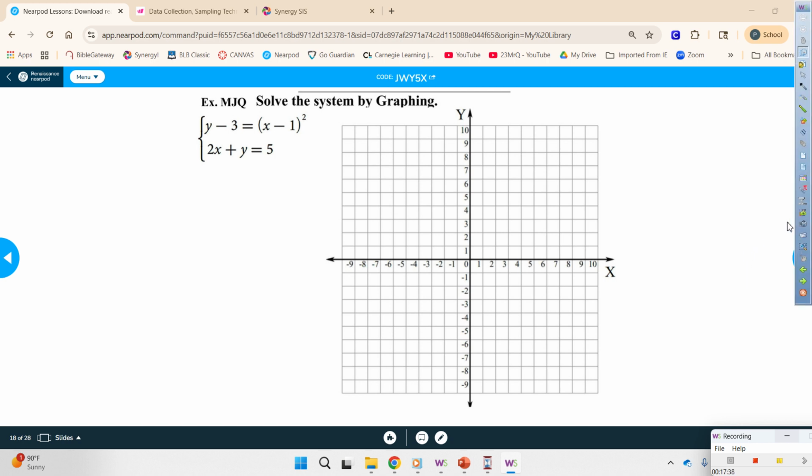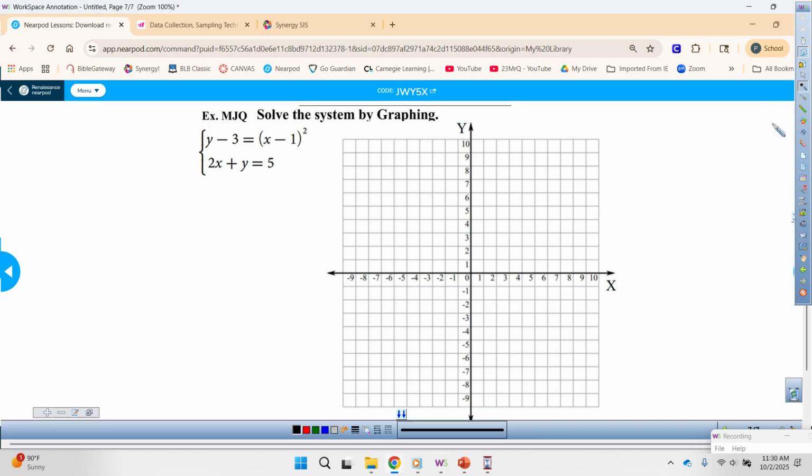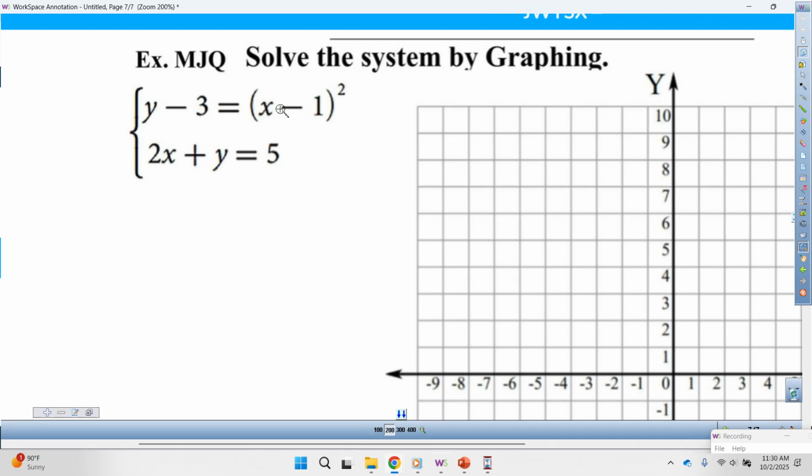All right, here we go. For this one, step 1: whenever we get to graphing, I want you to change each equation to y form. So let's start at the top. For the top one, I'm going to do it in blue. What do we need to do to leave y by itself here? Tell your neighbor.